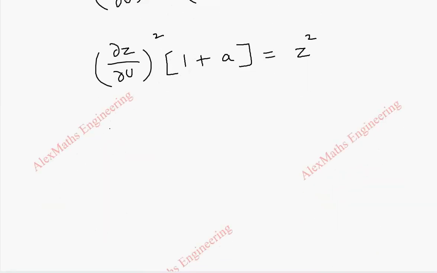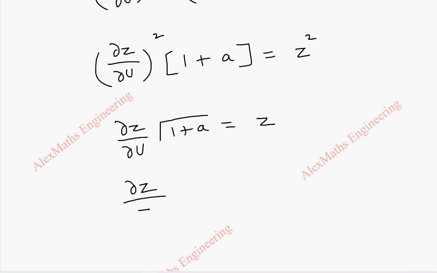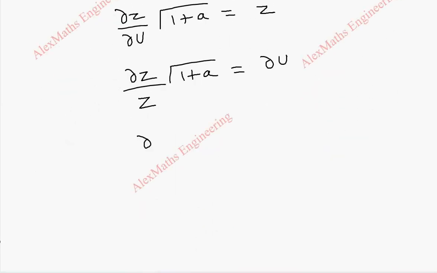Now we are going to take the square root, so this gives dou z by dou u into root 1 plus a equal to z. Now by variable separable it is dou z by z, and this constant is kept here, and on the other side we have dou u. Even this constant can be taken to the other side as 1 by root 1 plus a, then we have dou u.